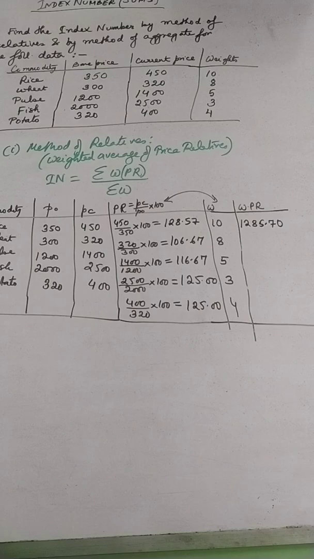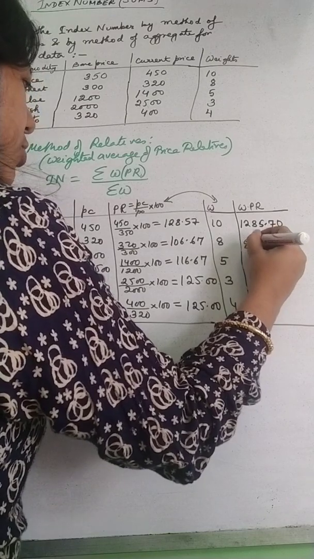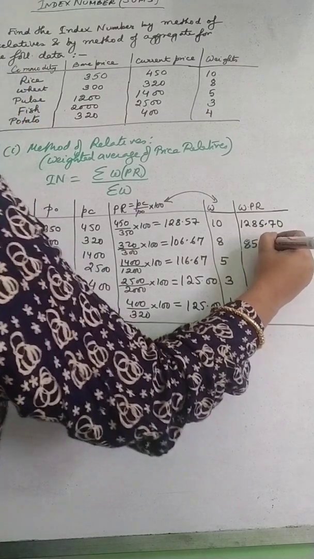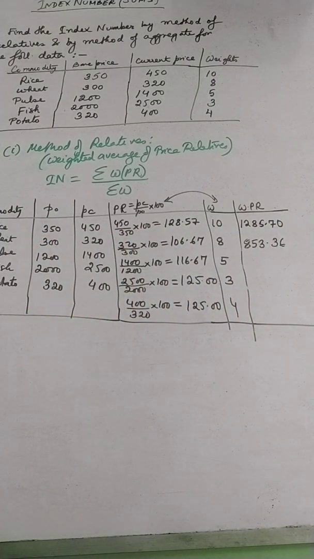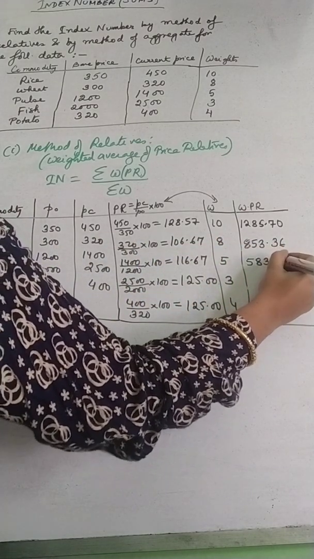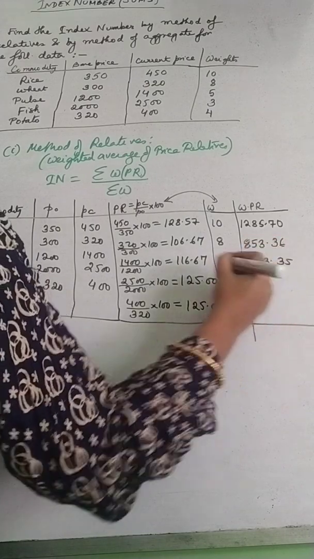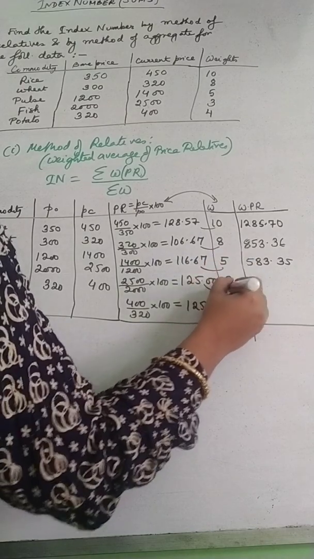So 106.67 into 8 gives you 853.36. Then 116.67 into 5 gives you 583.35. That is between this and this, and this and this.